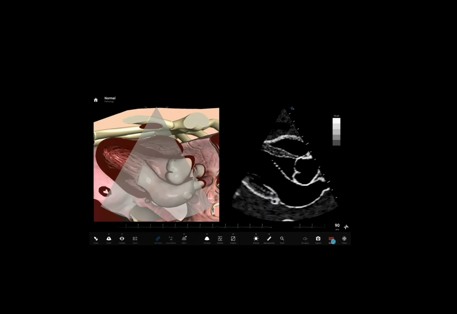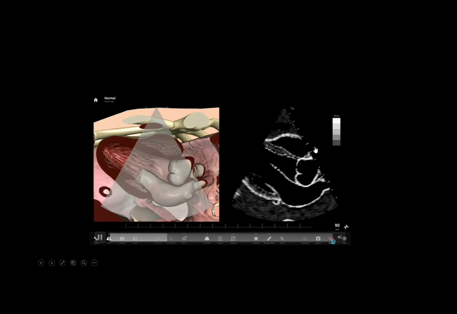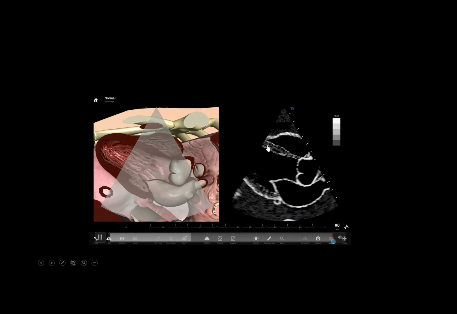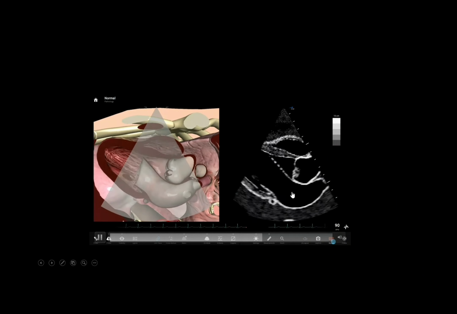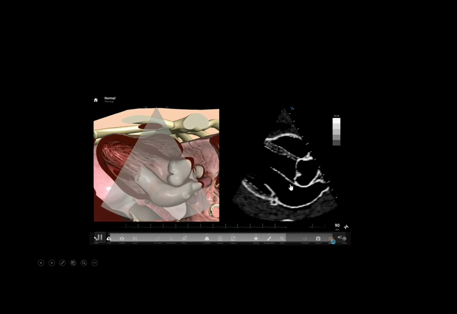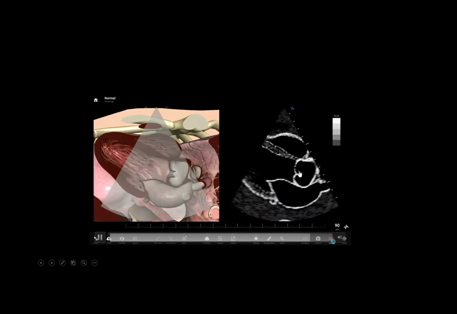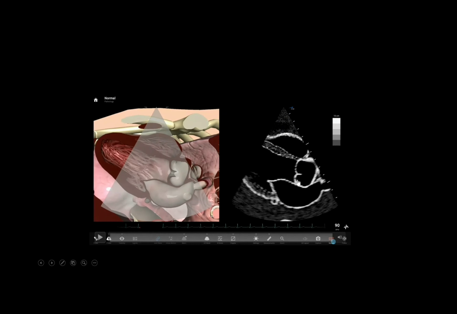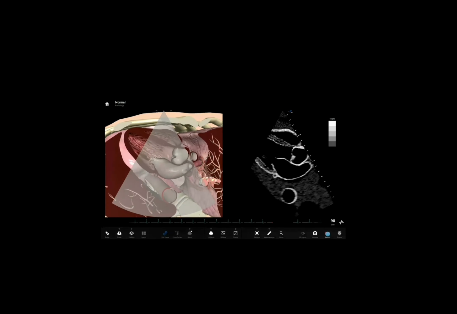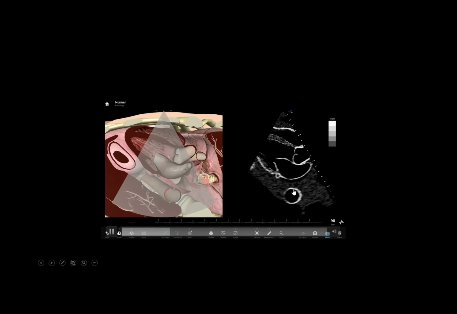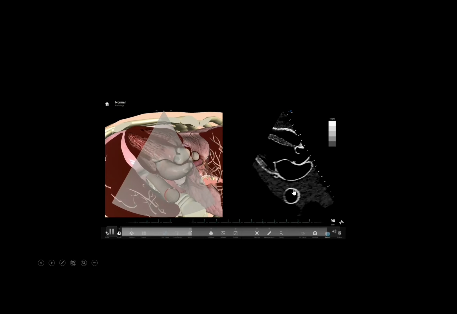So in the parasternal long axis, starting from the top, right ventricular outflow tract, left ventricle, left atrium, mitral valve, and the aortic valve. Here, the descending aorta is also focused in the parasternal long axis.